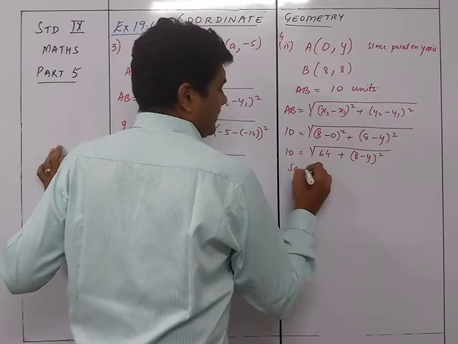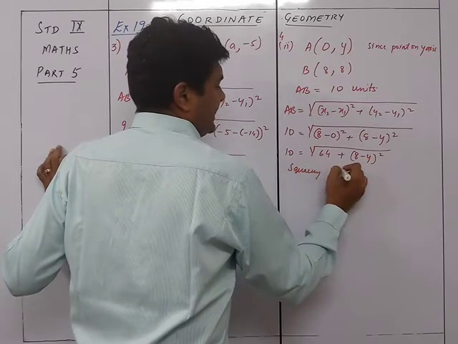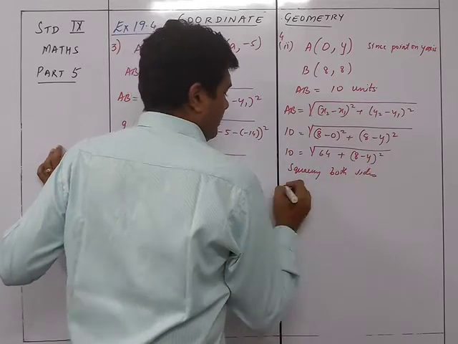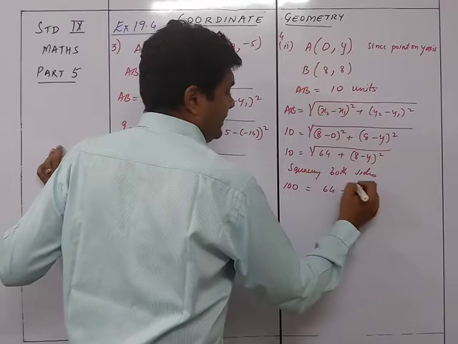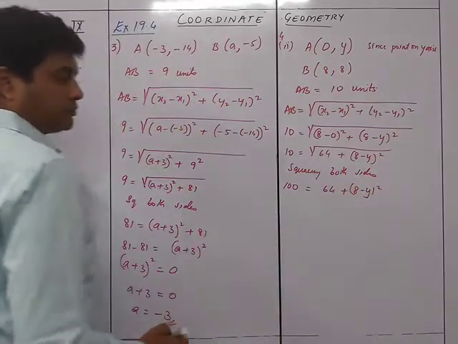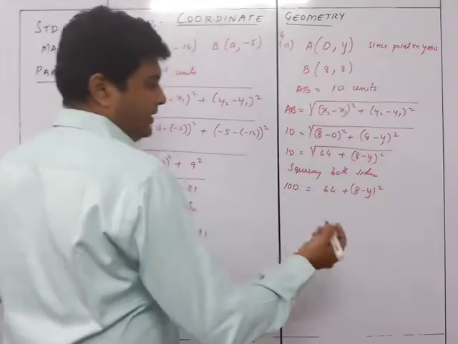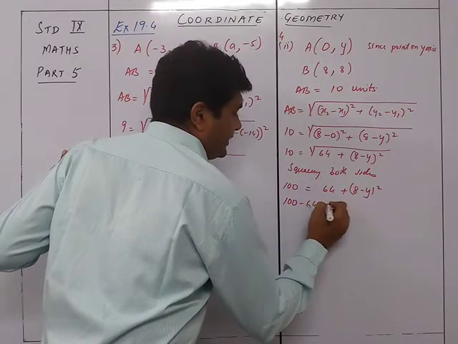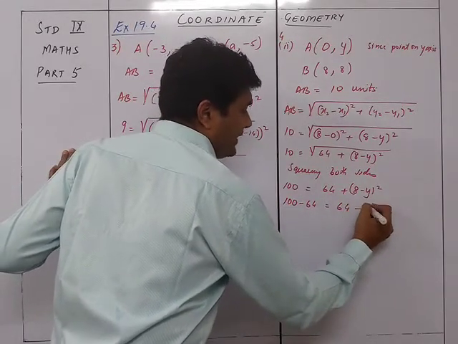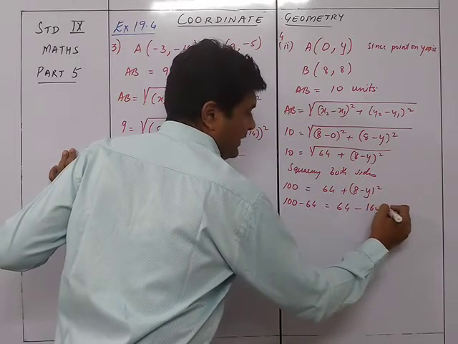Squaring both sides, we got 100 is equal to 64 plus 8 minus y the whole square. So here we'll have to open the bracket. So it will be 100 minus 64 is equal to 64 minus 16y plus y square.